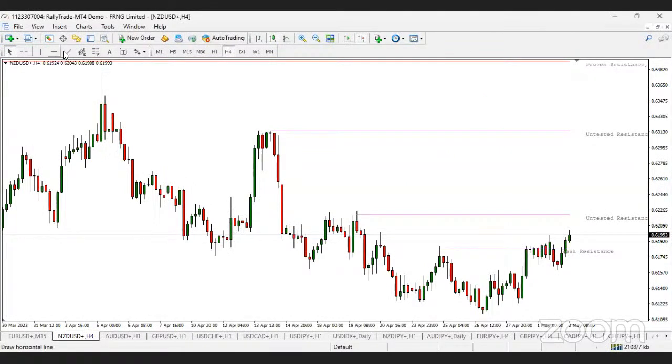So this is our higher high, then this is our higher low. Our higher high, this is our higher low. So right now, price is creating a new higher high. So the structure on H4 for NZD USD is that price is forming higher highs and higher lows. It is an uptrend.